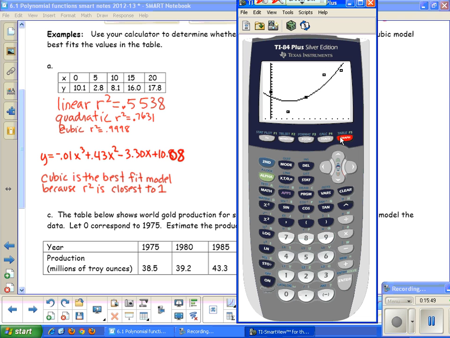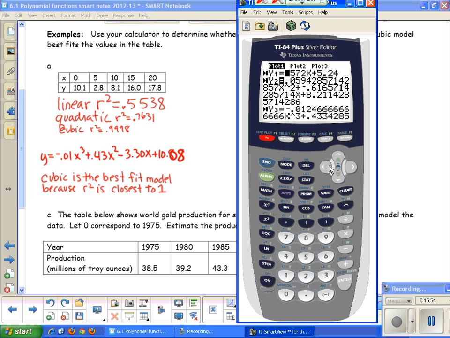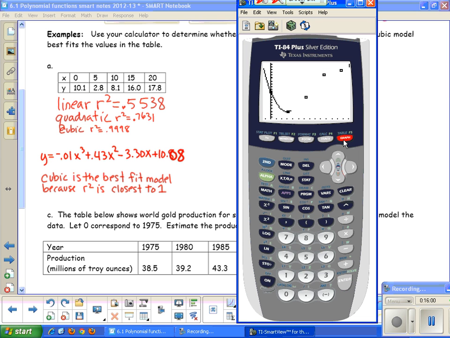So this would be quadratic. If I go back to my y equals, it usually graphs them all together. I don't know why my calculator is not working right now, but that's okay. We can just look at it individually. And then that would be the cubic. Notice the cubic goes through most of the points. That's why my r squared was the closest to 1, and that's why it's the best fit model.